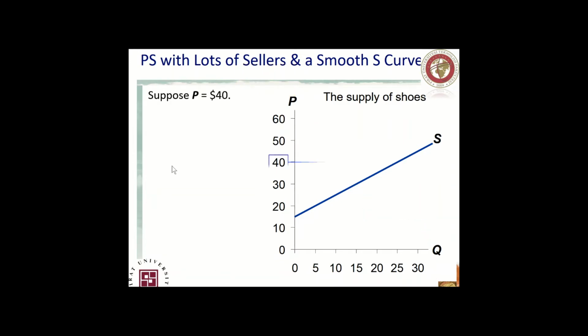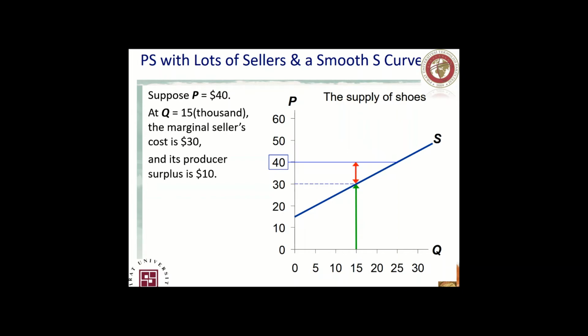Let's assume that the price is 40, and at the price of 40 the quantity is centered around 25. If we say the marginal seller cost is 30, that's around 15,000 pairs of shoes.